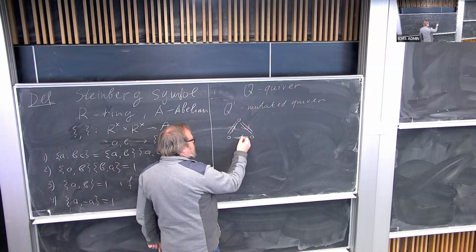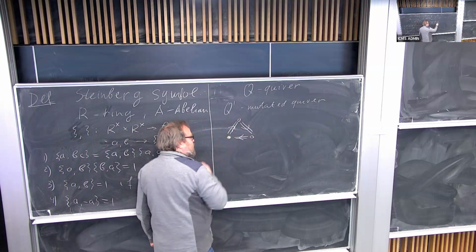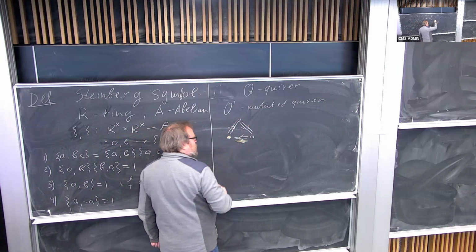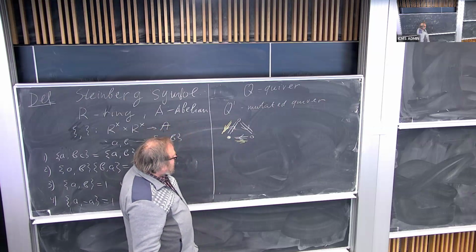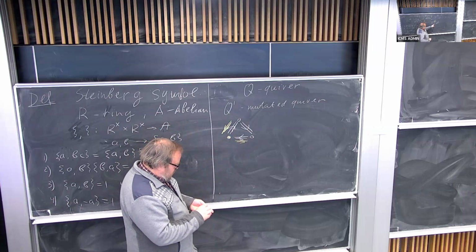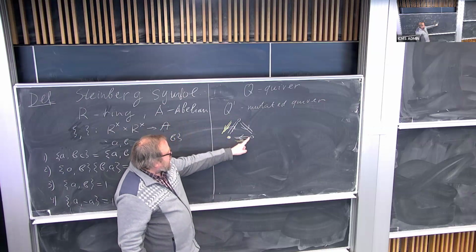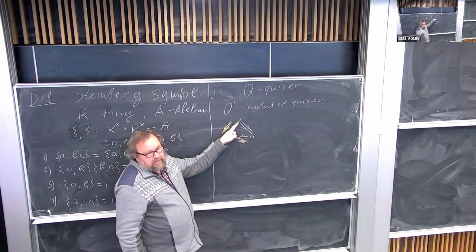You change all the arrows which come to this vertex. So you fix a vertex, then you change the orientation of the arrows coming to this one, and then for every pair of arrows entering and leaving, you add another arrow.